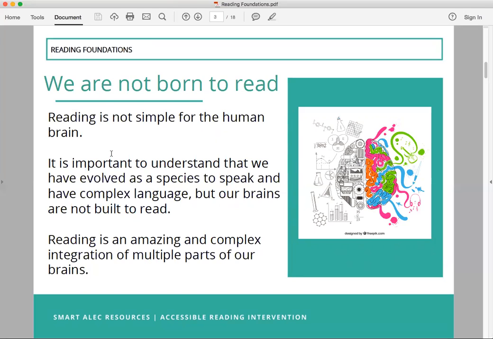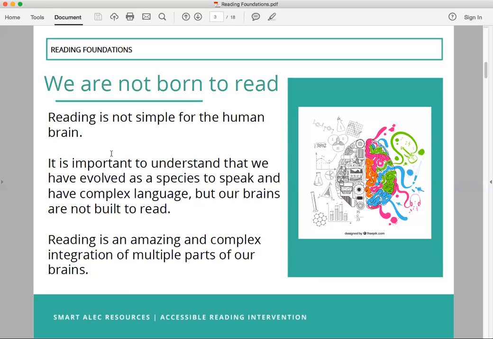It's important to understand that our brains really weren't designed to be able to read. It's something that we evolved as a species to be able to speak and communicate ideas, but then it really came much later where we felt that it would be helpful to have this information shared in the specific way in which we would write information down, and then the brain would need to decode essentially the message.